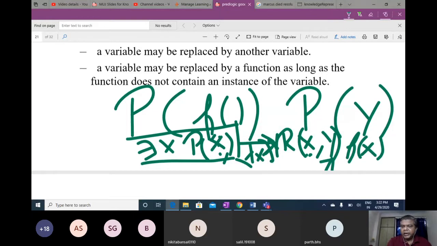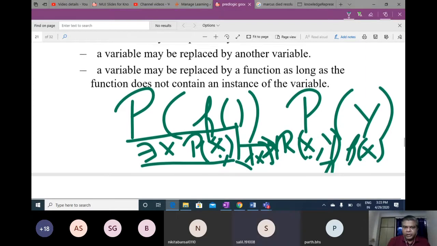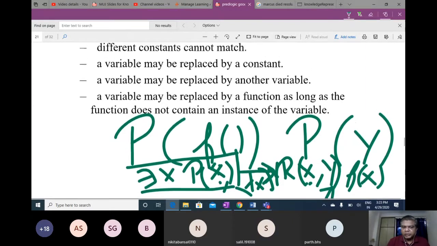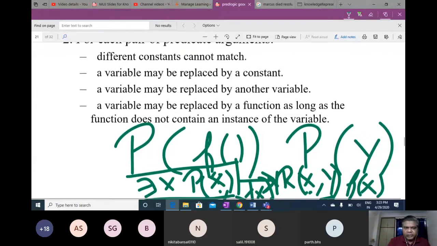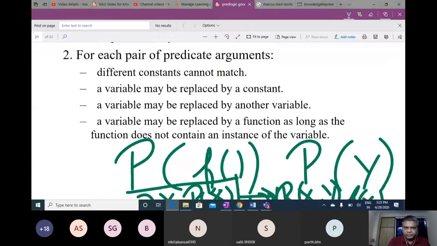Instead of y, you will write f x. We want some constant, but that constant depends on x; for each x the constant will be different. So in those cases we will have functions in our predicates.